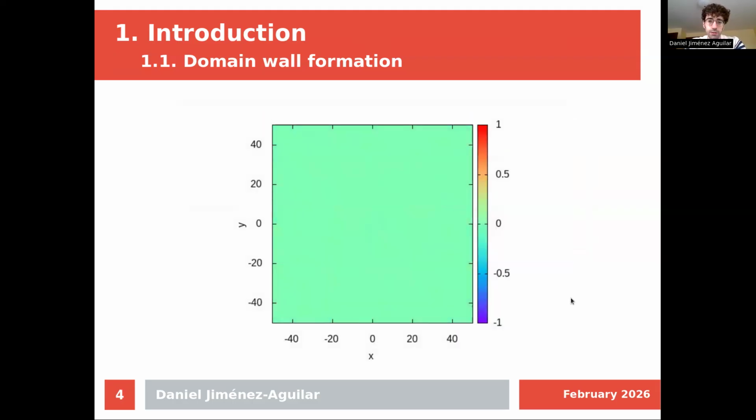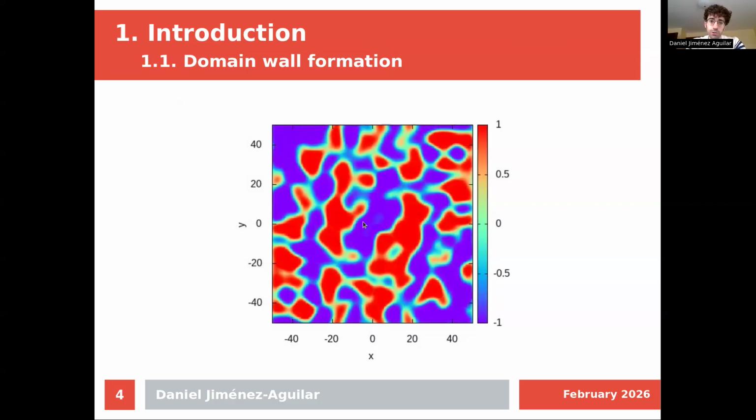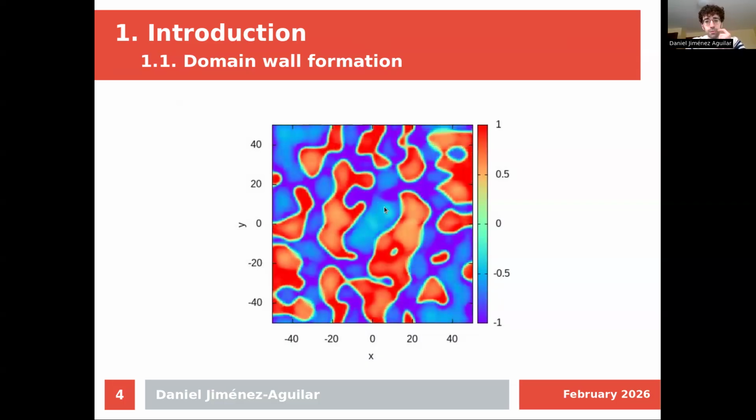This is the situation in a 2 plus 1 dimensional universe. Here the colors indicate the value of the scalar field. And as I said, initially the field starts out at phi equals 0, and we allow for some perturbations. Then, if we evolve this configuration under the influence of the double well potential, in some regions of space the field will choose the negative vacuum in blue, and in other regions it will choose the positive vacuum in red.